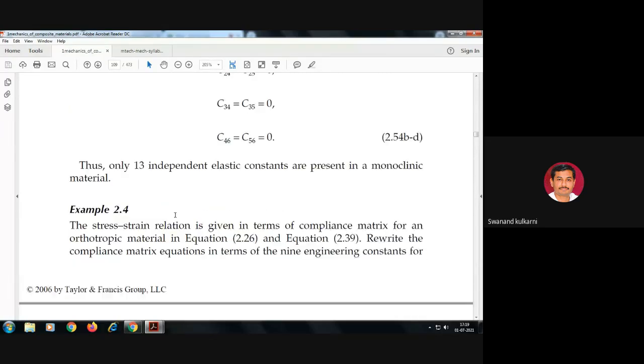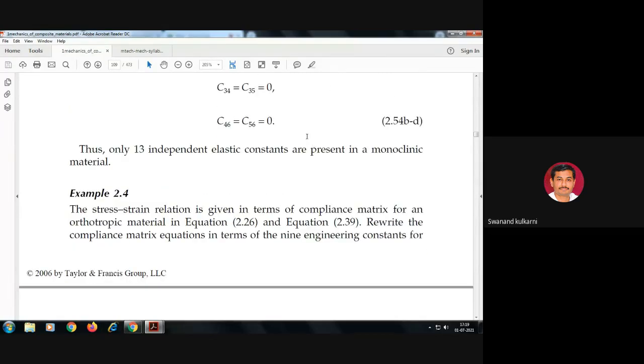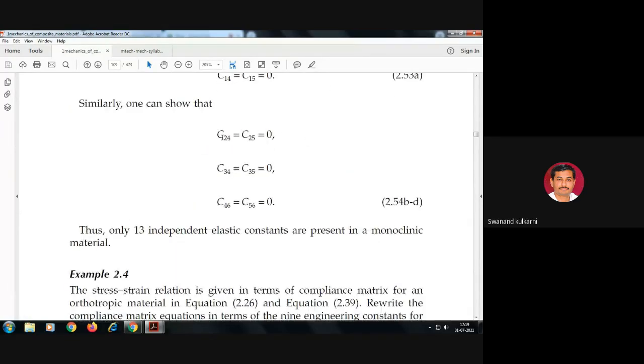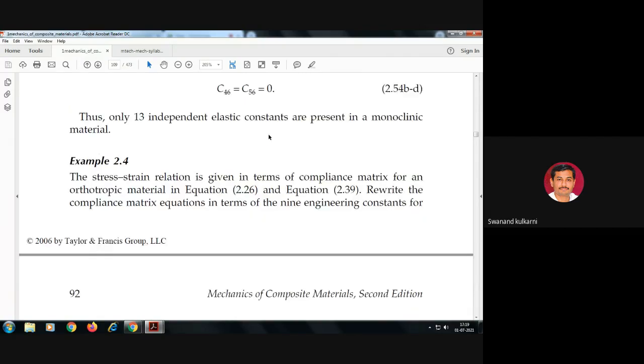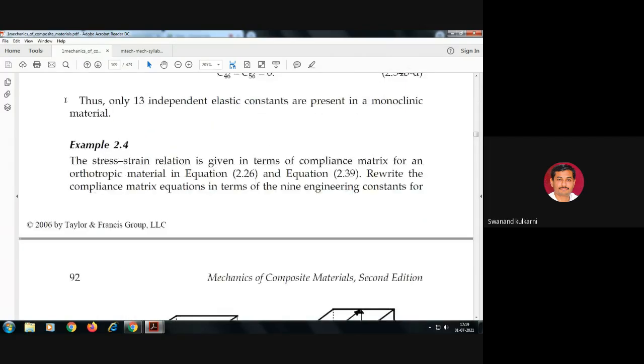In monoclinic material, 13 constants are considered, because in that case 2 4 becomes equal to 2 5, 3 4 becomes equal to 3 5, and 4 6 becomes equal to 5 6. Now let us start with the numerical part.